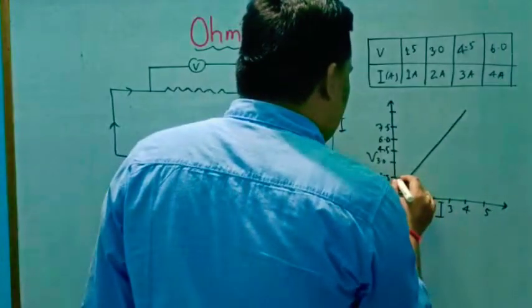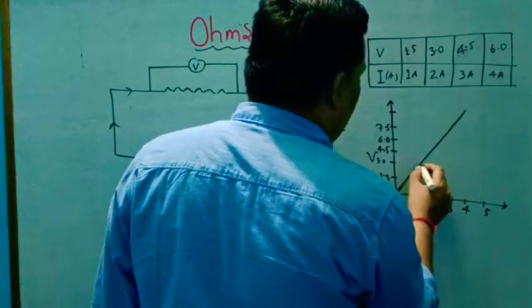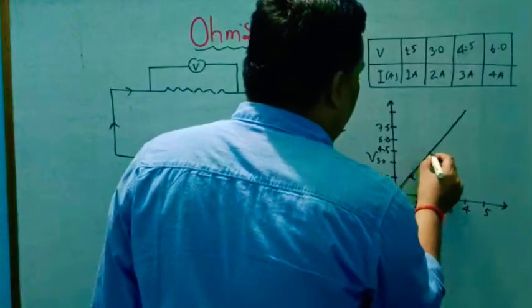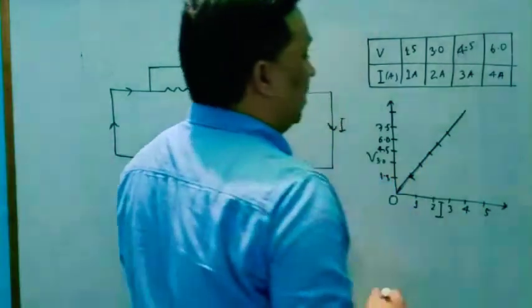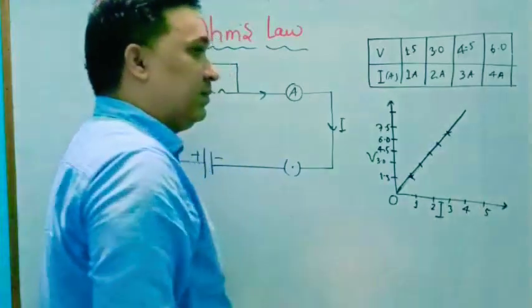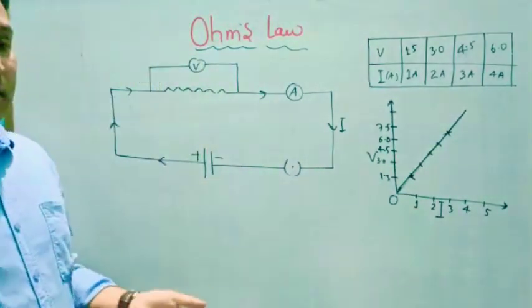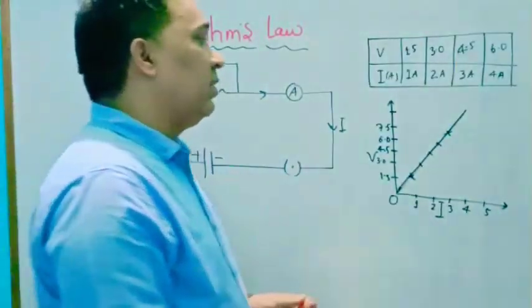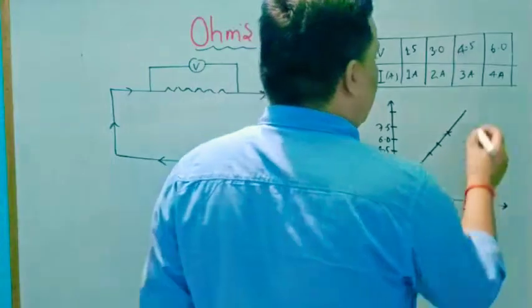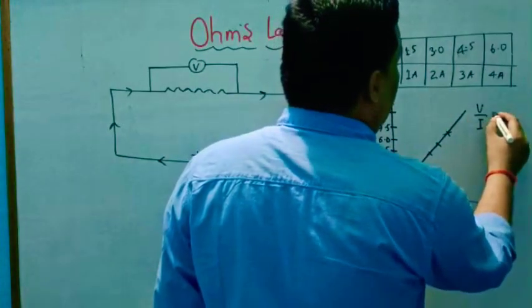When he took any value on this particular graph, he found that the ratio V by I is always a constant. So after taking the data, he plotted the graph on the graph paper and found that the ratio V by I is a constant.